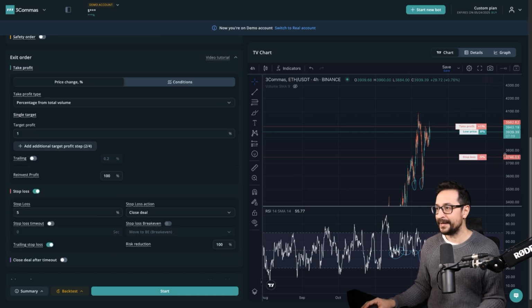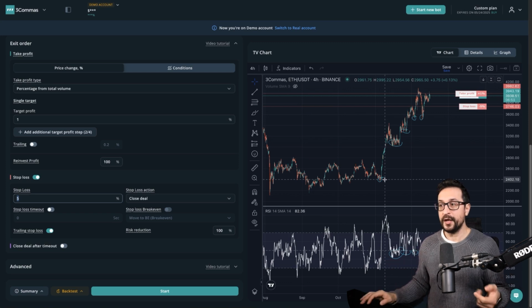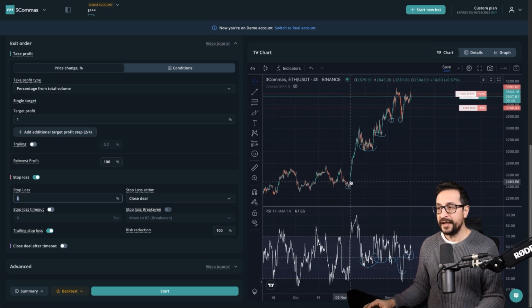This means that if you just use that entry and place your stop loss not too far, you can still capture most of the rally to the upside of 46%, because the trailing stop loss will follow the price going up. The only exception is if the price does a big pullback halfway through to the upside, in which case it might hit your trailing stop loss before you reach the final destination.